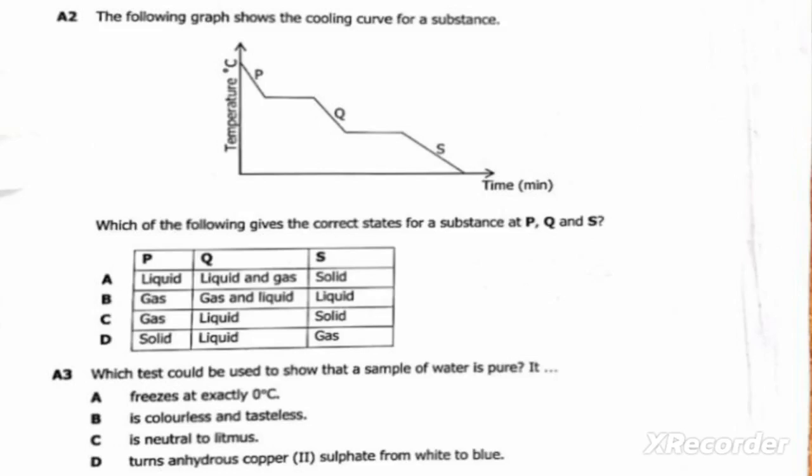On the x-axis, we can see time. The question continues: which of the following gives the correct states for the substance at P, Q, and S? So they want us to give the states represented by these letters.